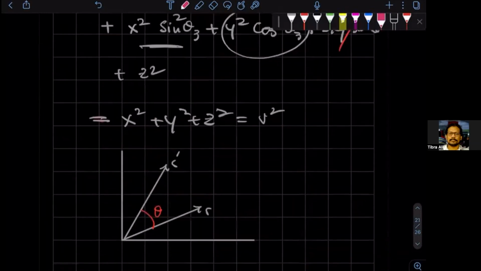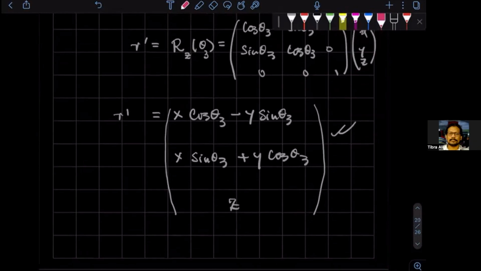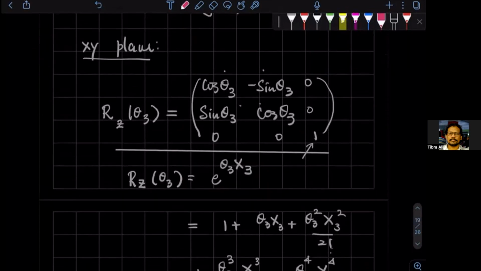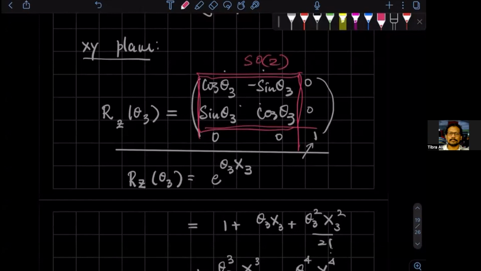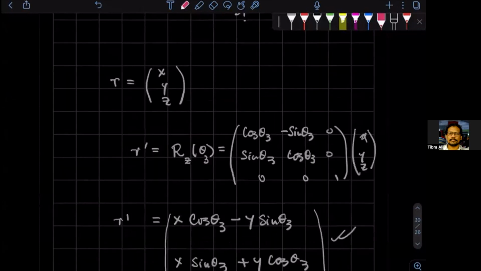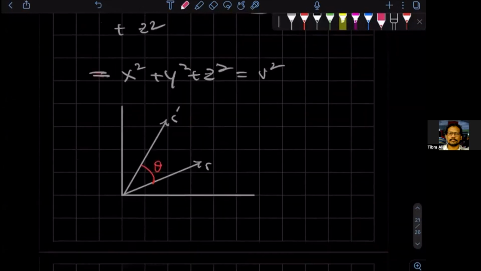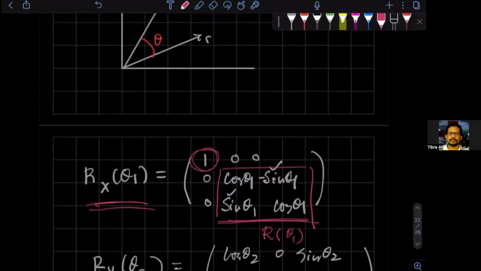Okay. So the other thing is that similarly, you can see that these guys are also an SO2 subgroup, right? But you see that these matrices and these matrices do not commute.